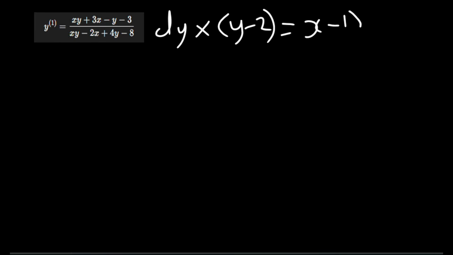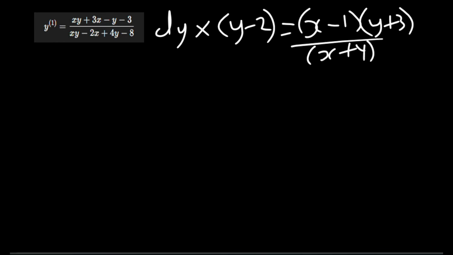So we are going to rewrite our equation here. We had dy, so dy multiplied by y minus 2 is equal to x minus 1 multiplied by y plus 3 all over x plus 4, and then we have our dx.